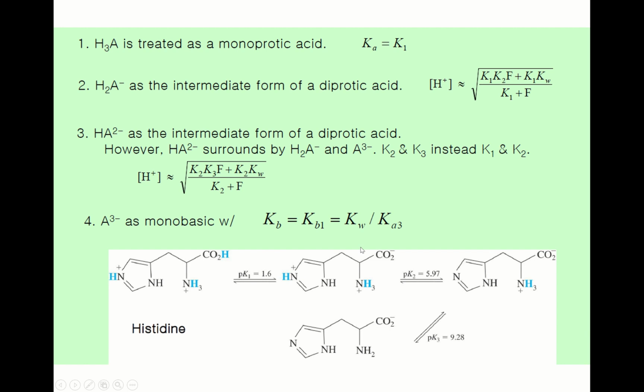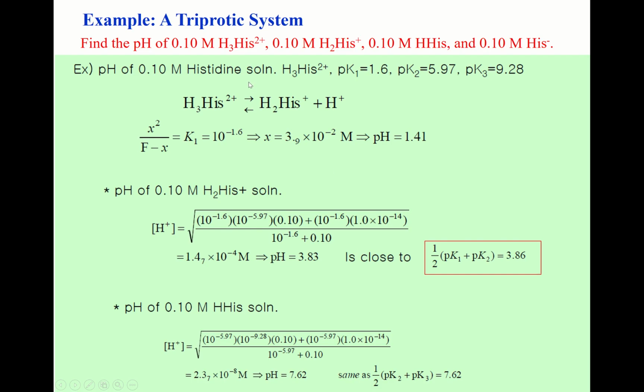All right, let's do that. Here is an example: a triprotic system. Find the pH of 0.1 molar histidine. This is the starting species, the initial species. If we start with different forms of histidine, what is the concentration? Okay, this is quite simple. First, if we start with this fully protonated form, it dissociates like that.